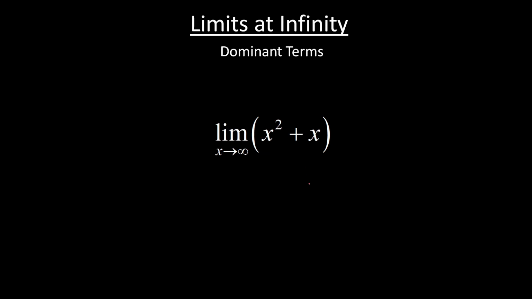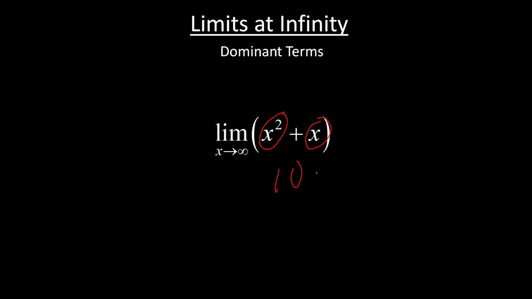And what do we mean by dominant terms? The key here is to remember x is getting extremely large. So imagine x is 1,000. If we plugged 1,000 in here, we have 1,000 squared plus 1,000.